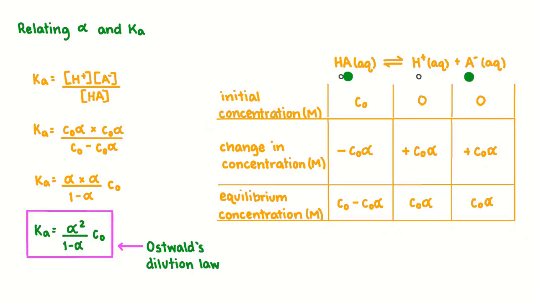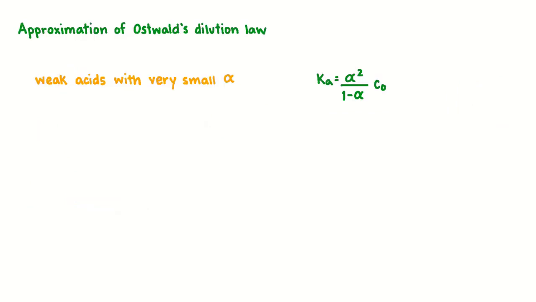For many weak acids, we can simplify Ostwald's dilution law even further. Many weak acids have a degree of dissociation that is very small. If the degree of dissociation is very small, then 1 minus the degree of dissociation will be approximately equal to 1.